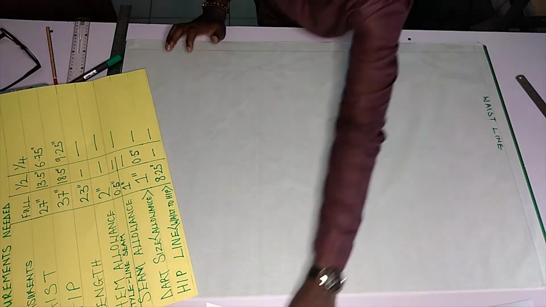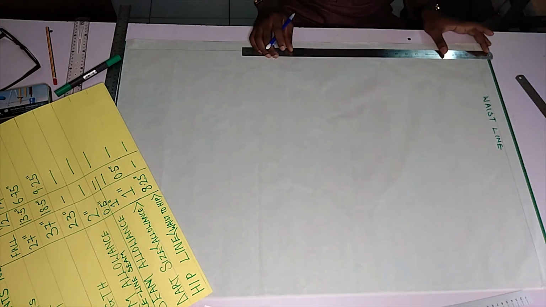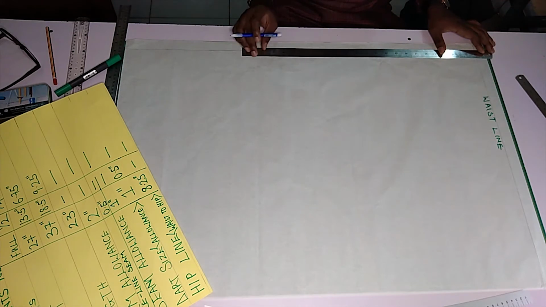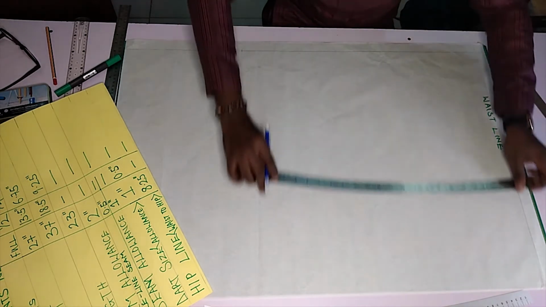So you get your ruler, and from the waistline measure 23 inches. Make sure that your ruler aligns with your waistline. Mark just a short line there, then come forward a little bit.